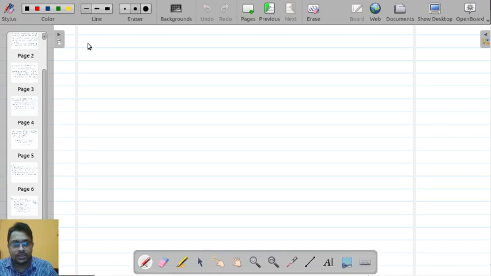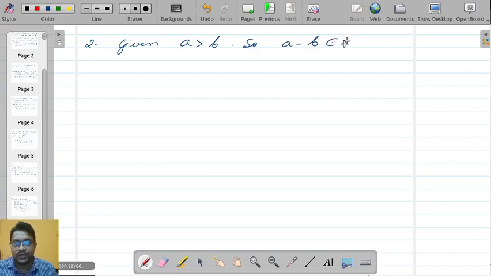So the second one is also similar. Given A is greater than B, A minus B is an element in P. Now what I have to show is that A plus C is greater than B plus C. What did I tell you?